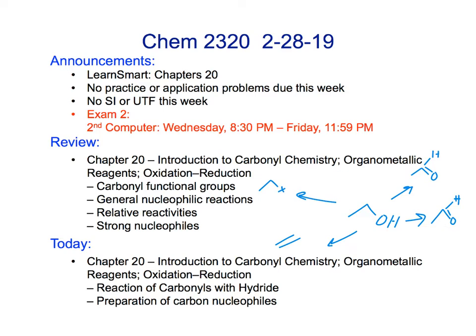We could do an acid-base reaction and then a substitution reaction. So you can start with a functional group, ask yourself what we can turn it into, and make a diagram like this.